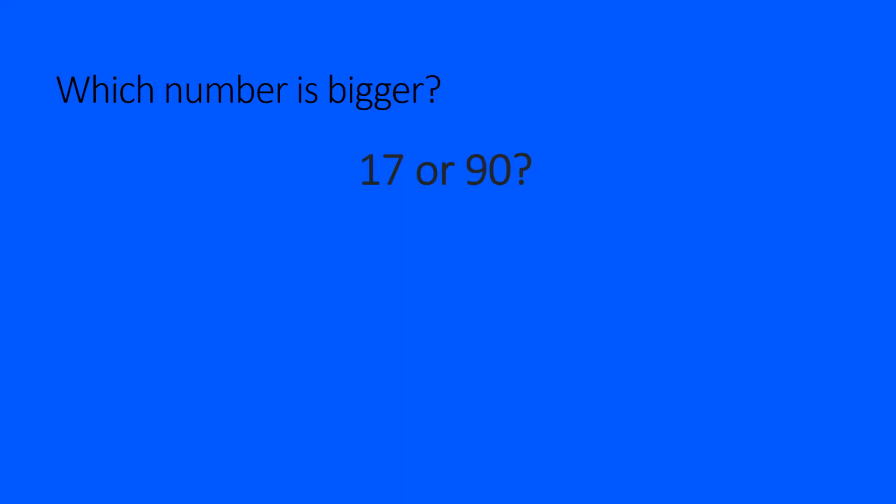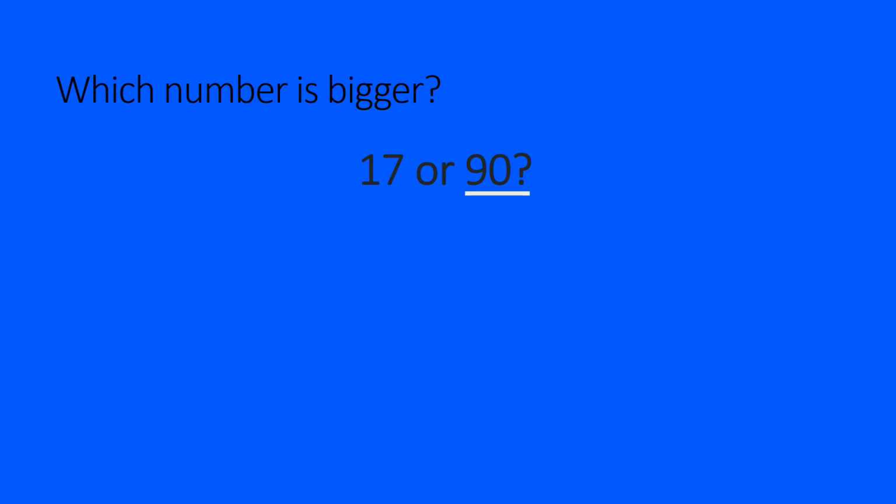Okay, so before we go into ordering decimals, let's try and recall how we order whole numbers. So which number is bigger, 17 or 90? Hopefully you know it's 90. The way to really figure this out is by looking at each of the columns.